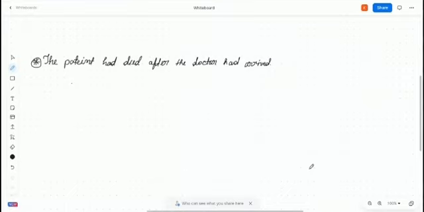So we have seen there are two actions, right? So can I say an answer? The patient had died before the doctor arrived. See, I already used arrived after, right? So it's constant.